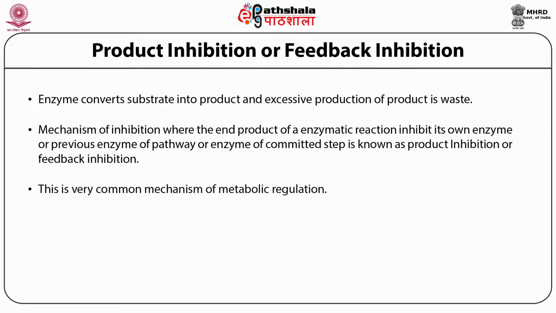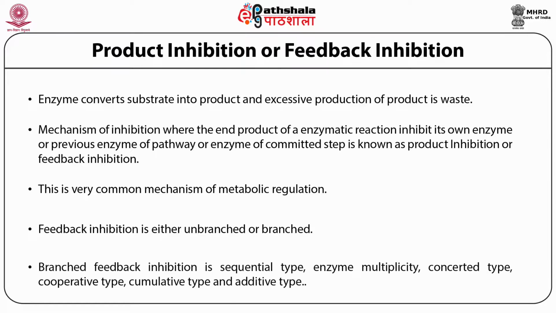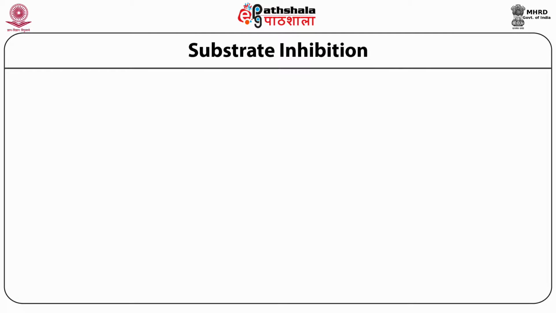Therefore, that product itself inhibits its own production, and it is either branch feedback inhibition, sequential feedback inhibition, concerted feedback inhibition, or cooperative feedback inhibition. All of this will be discussed in the next module, but it is very important in regulating biological activity. The next type of inhibition is substrate inhibition.